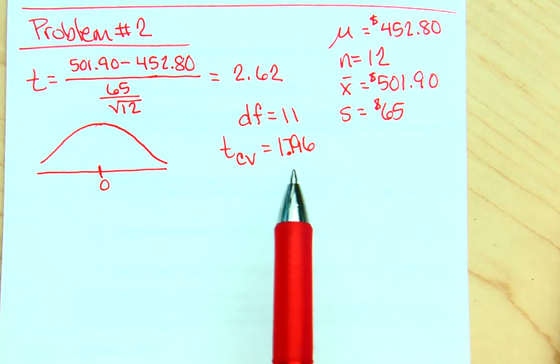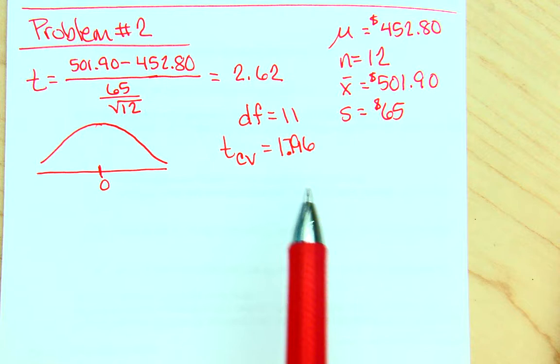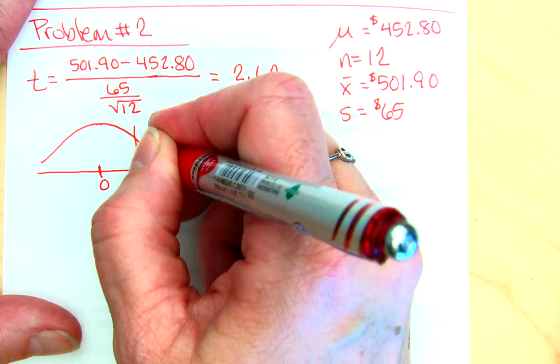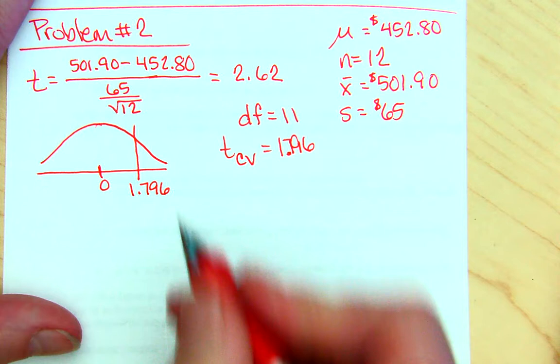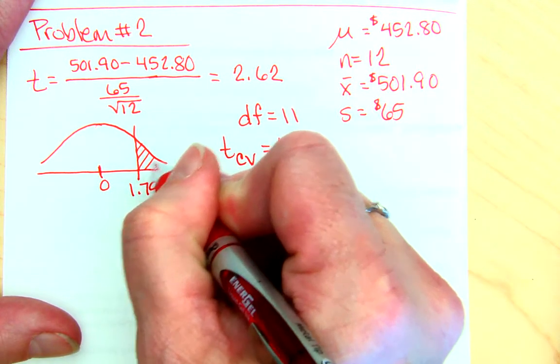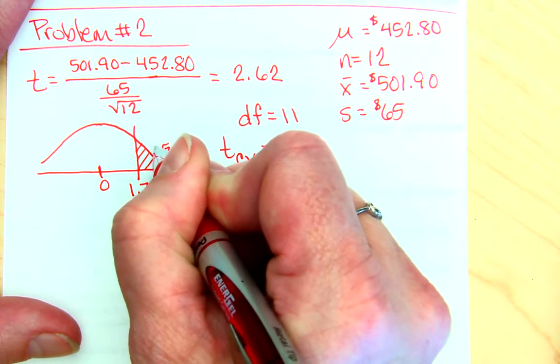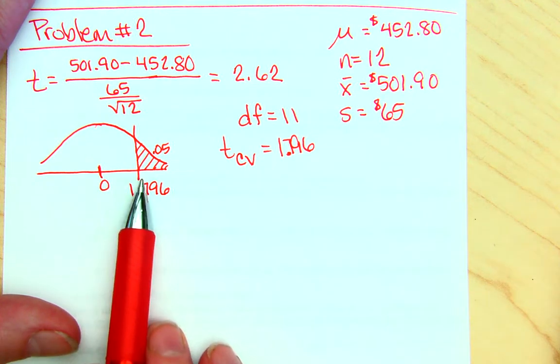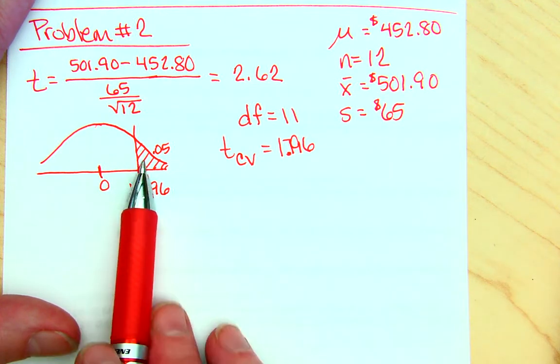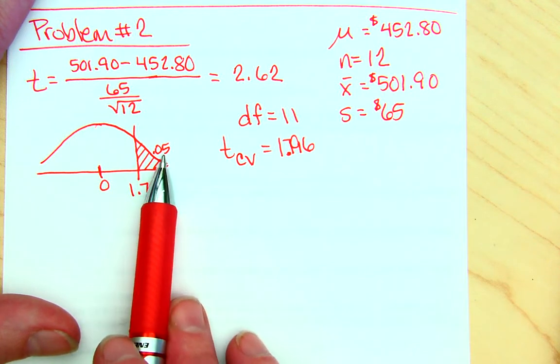So what that means is when I go over to 1.796, this area out here is my 5%. Okay? So if I'm at 1.796, the probability of getting a value larger than that is 0.05.